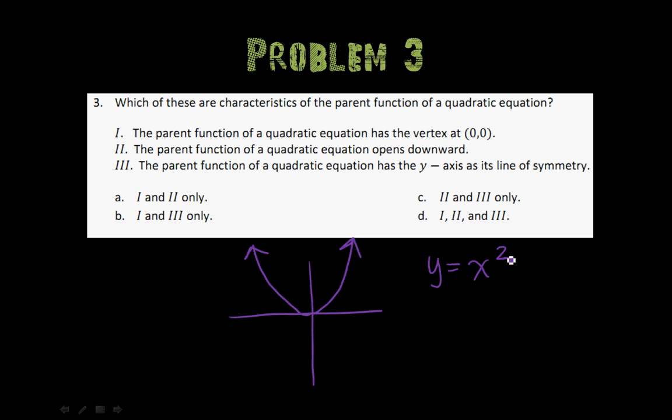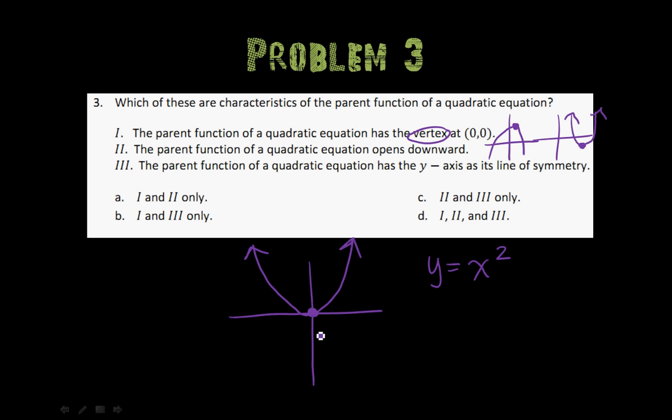So we look now at these choices, and it says the parent function of a quadratic equation has the vertex at 0, 0. Remember that vertex is wherever this bottom point is, the turning point. If the parabola were facing the other way, it would be that point right there. So for the parent function of a quadratic, it is right there.